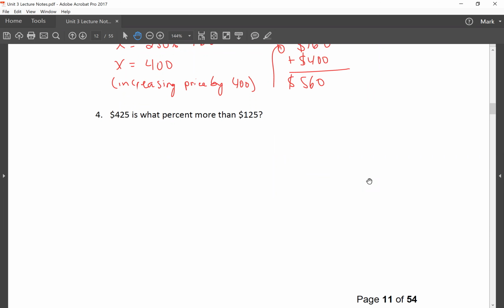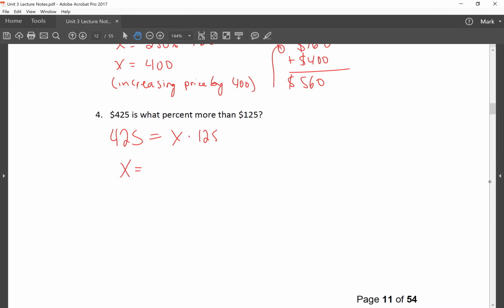So number 4, $425 is what percent more than $125? So, well, first thing I need to do is figure out what was the percent increase. I won't use brackets there because I haven't really been using brackets most of this day.